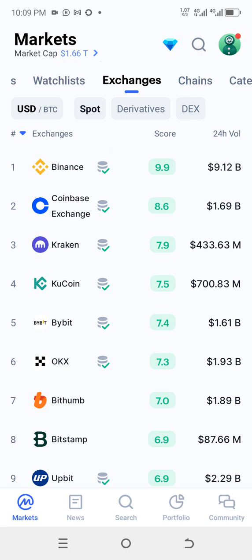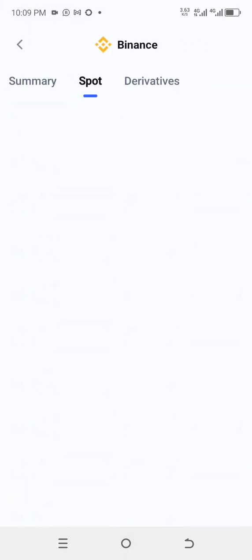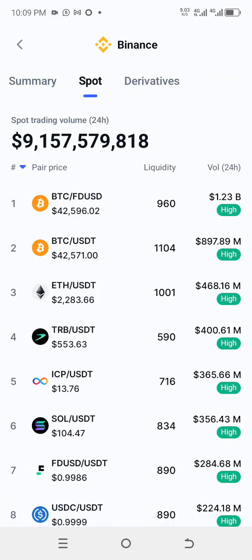But for the sake of this tutorial, I'm going to choose Binance. So you click on Binance. Any coin that's available on Binance spot trading will appear here automatically. You can see BTC USDT, which is very high.